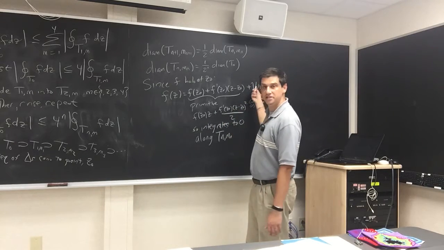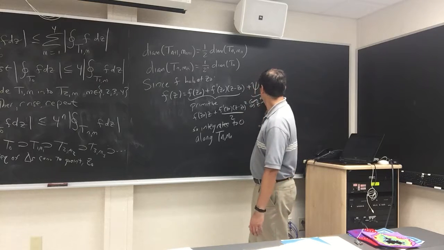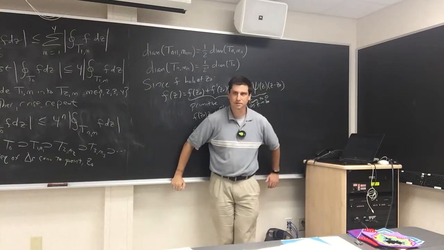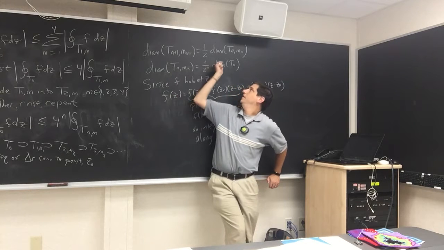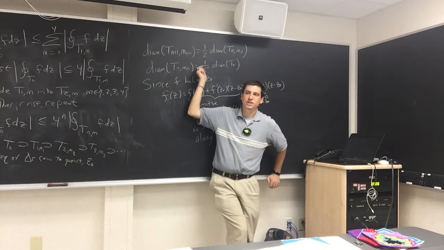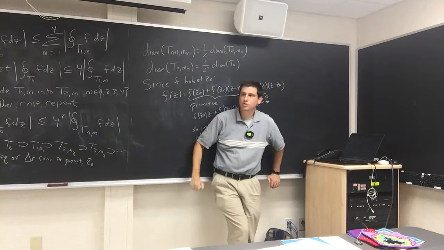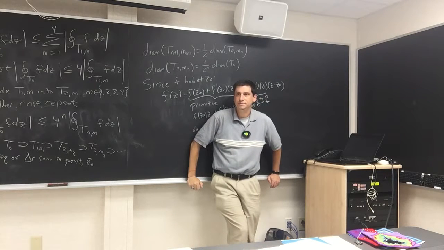Well, this is tending to 0. And how big can z minus z not be? Yeah, basically it's at most the diameter of the original triangle divided by 2 to the n. So it's getting very small from that.